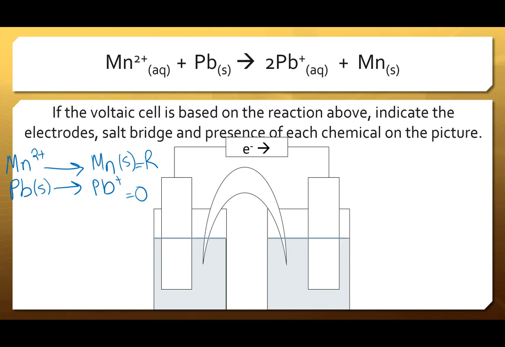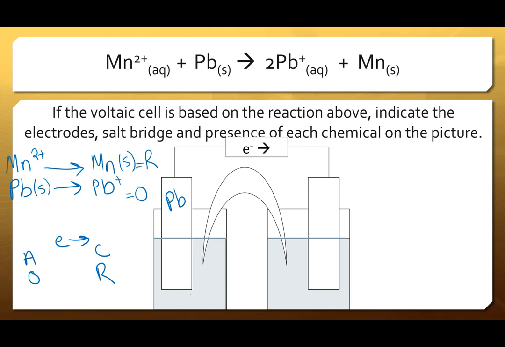All right. So electrons are going to flow from oxidation to reduction, or from anode to cathode. Okay. So lead is going to be our anode. So this piece of metal right here is going to be our solid lead.